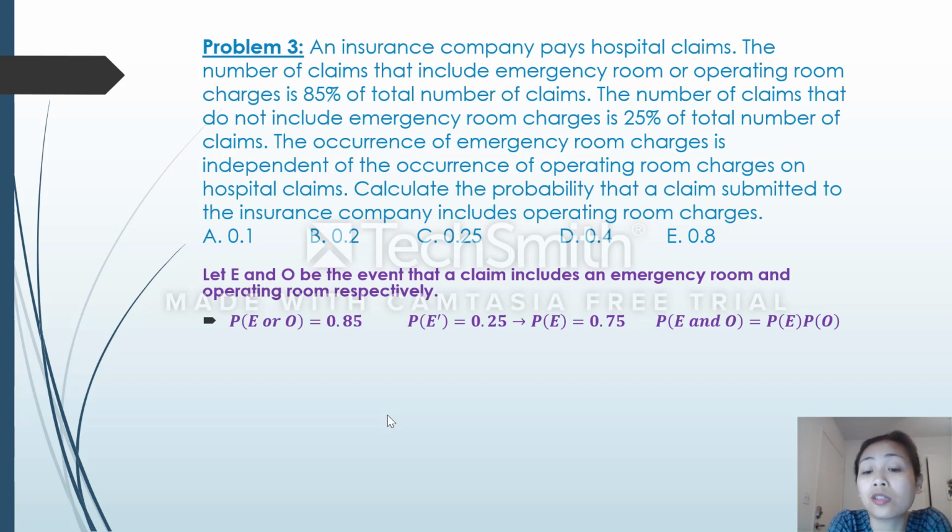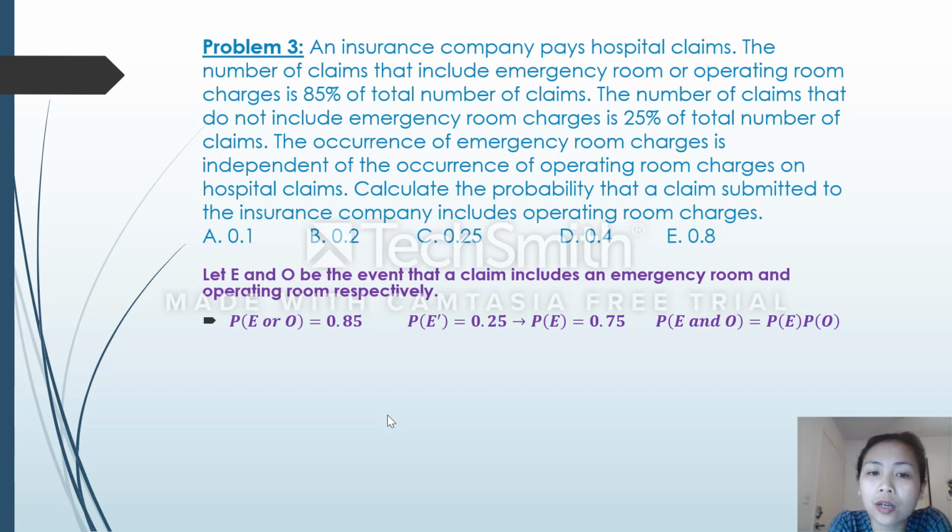Probability of E is 0.75. Now the last information, the occurrence of emergency room charges is independent of the occurrence of operating room charges on hospital claims. So we have probability of E and O is probability of E times probability of O. This is the independent event rule.